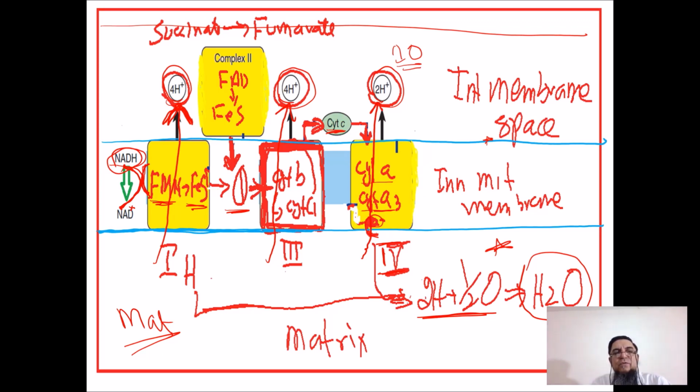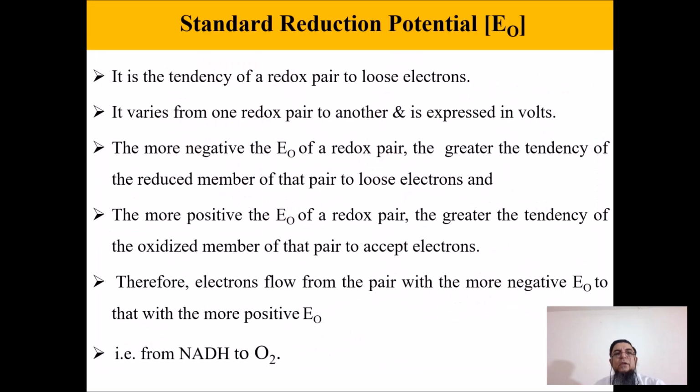And the electron is moving in the enzyme system, in the electron carriers. The redox pairs have a standard reduction potential. And what is this standard reduction potential?